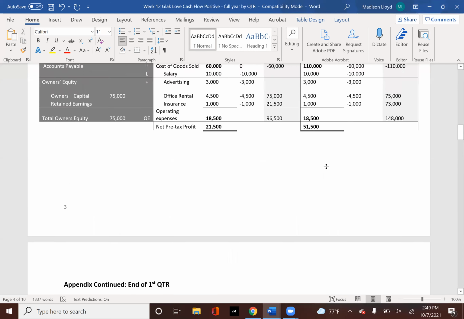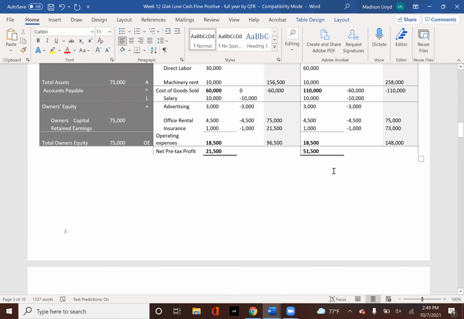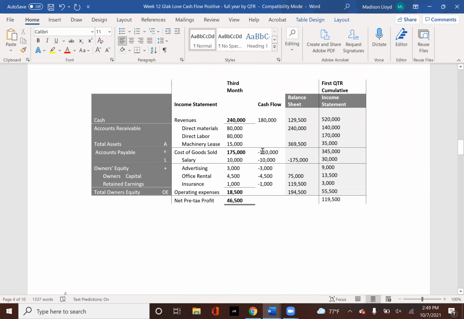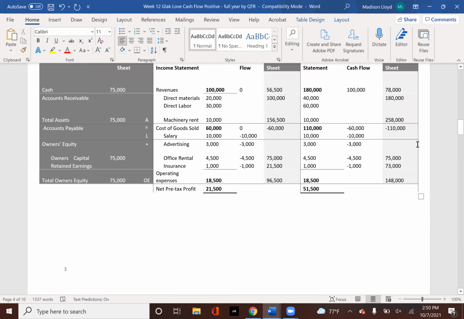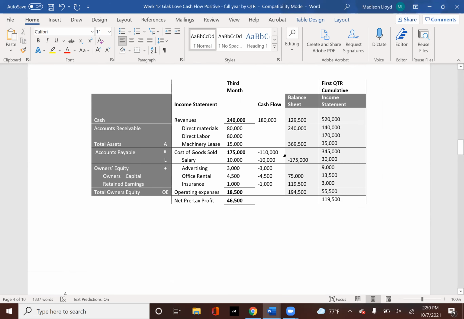Okay, so we go up to our last month's total assets, which is right here, which is what you have available from your cash and your accounts receivable. That's what you have to pay for your expenses. So you take $258,000 minus your $110,000 from last month in your accounts payable, because you have to pay it this month. $258,000 minus $110,000 minus your constant operating expenses of $18,500, and you come out with $129,500 for your cash, which goes right here.